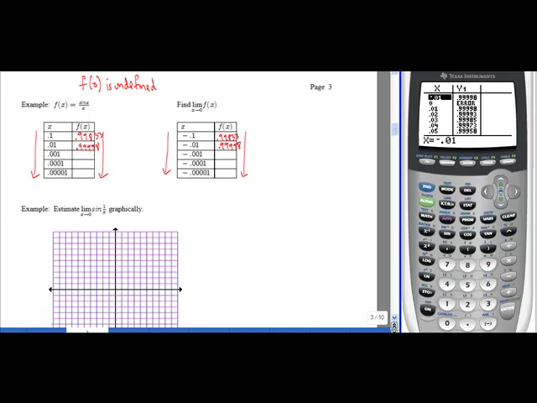All right, let's try 0.001, and I'm going to change my table values to 0.001 as well. At 0.001, I get 1, and negative 0.001 is also 1.